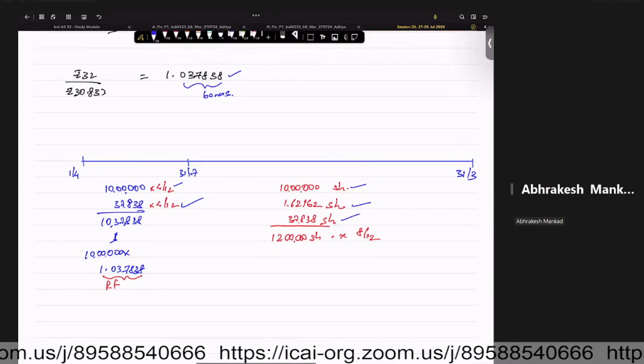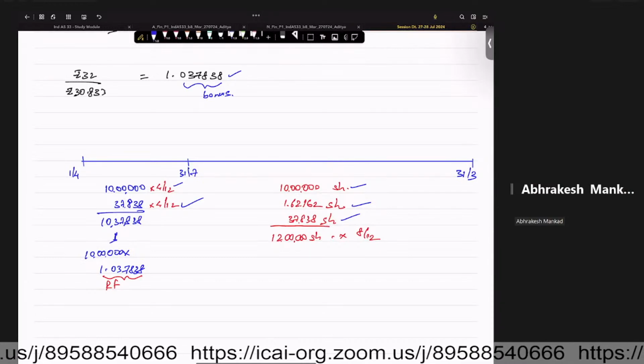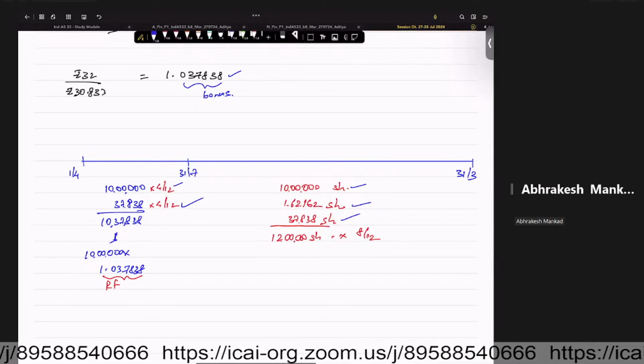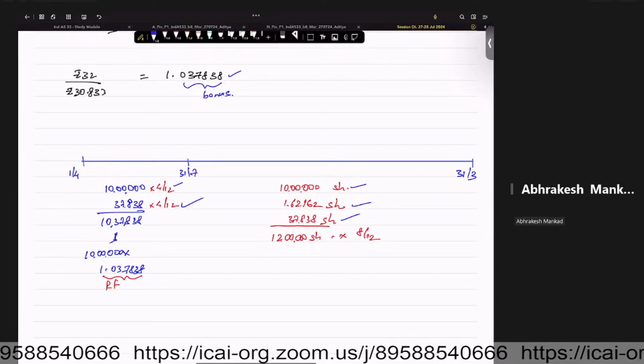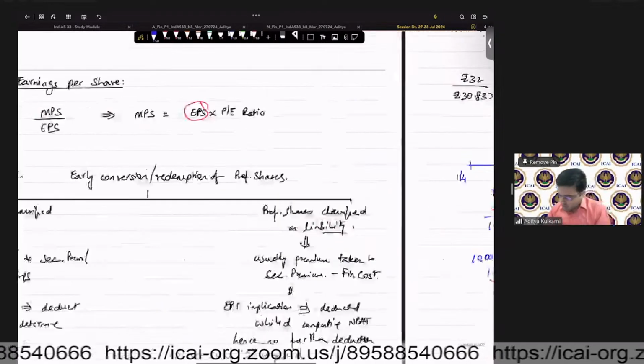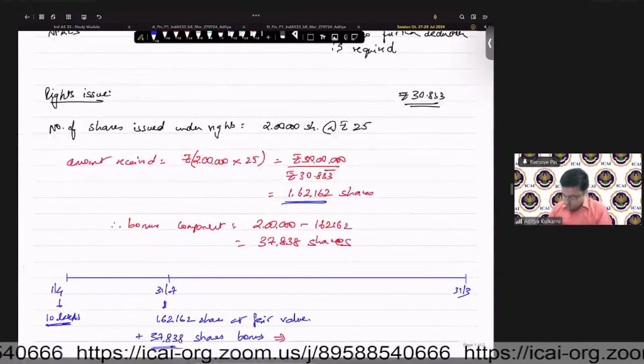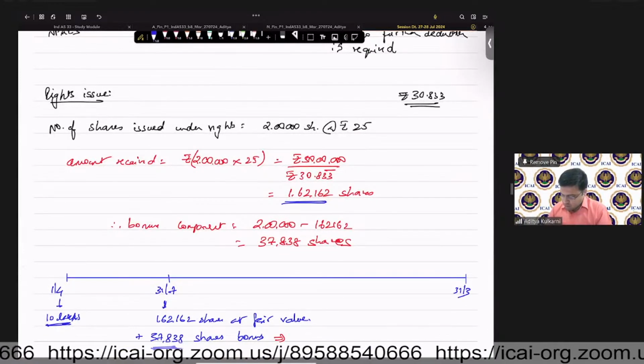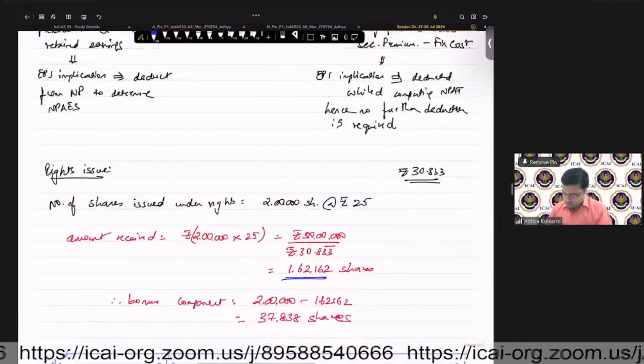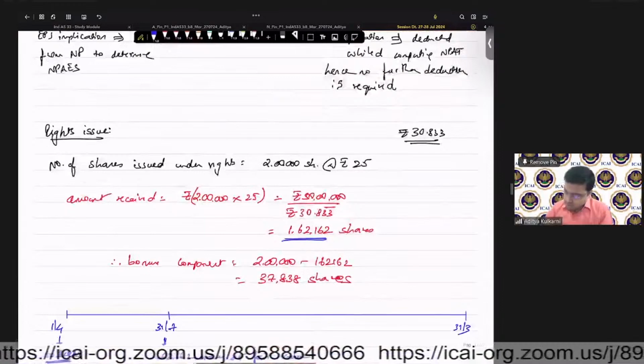Good morning. Sir, I am not able to digest the earlier logic where you have added the rights issue components for considering the X rights number of shares, weighted average, where you have added 10 lakhs plus 2 lakhs.